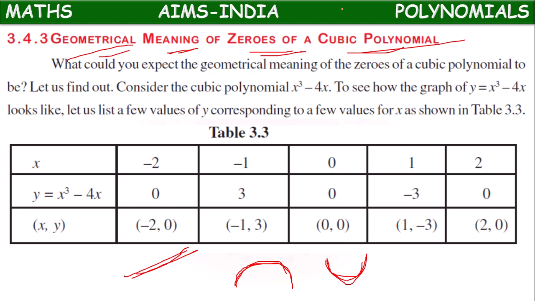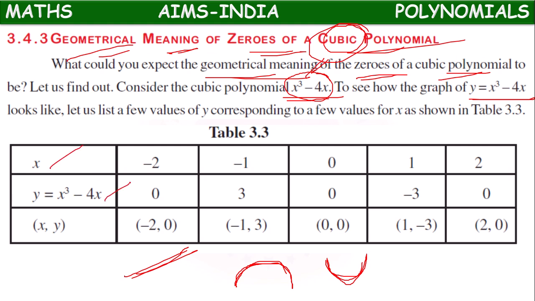Now we have a cubic polynomial. So now we are going to learn the geometrical meaning of zeros of a cubic polynomial. A cubic polynomial means the highest degree will be 3. Let us assume y equal to x cube minus 4x.